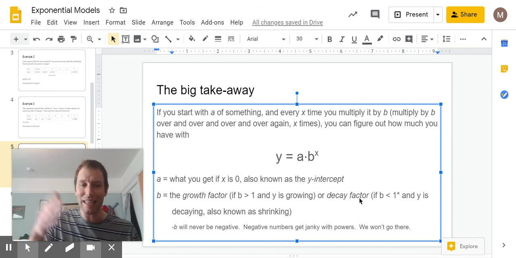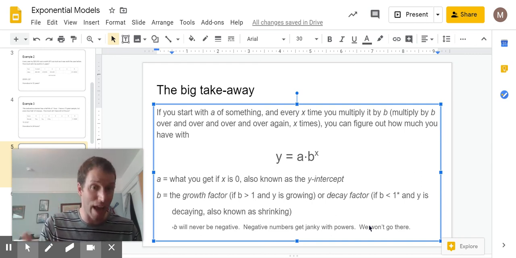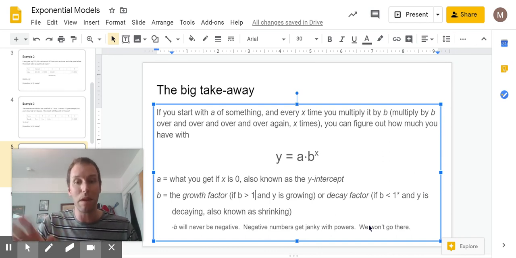If B is less than 1, note, it will still be bigger than 0. It'll never be negative, because raising negative numbers to powers gets really weird really fast. Think about how a power of 1/2 is the same as a square root, and you can't square root a negative, and you start to see why that comes off the rails really quickly. So B will at least be positive.